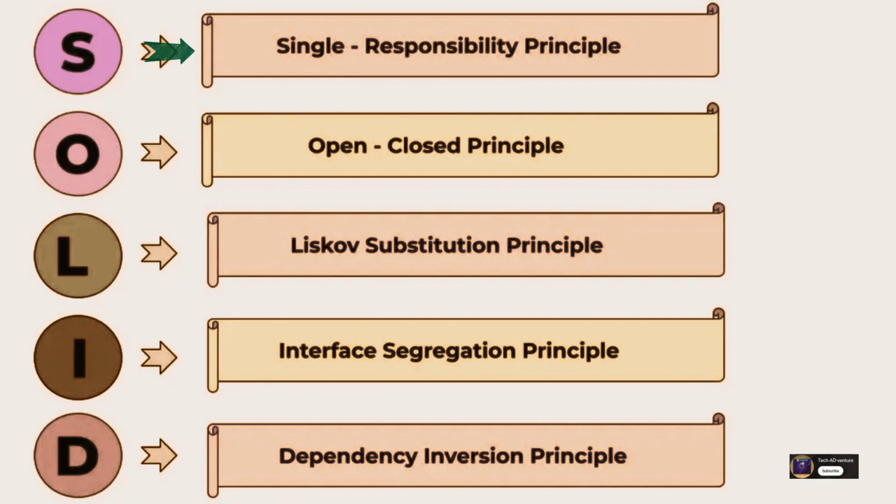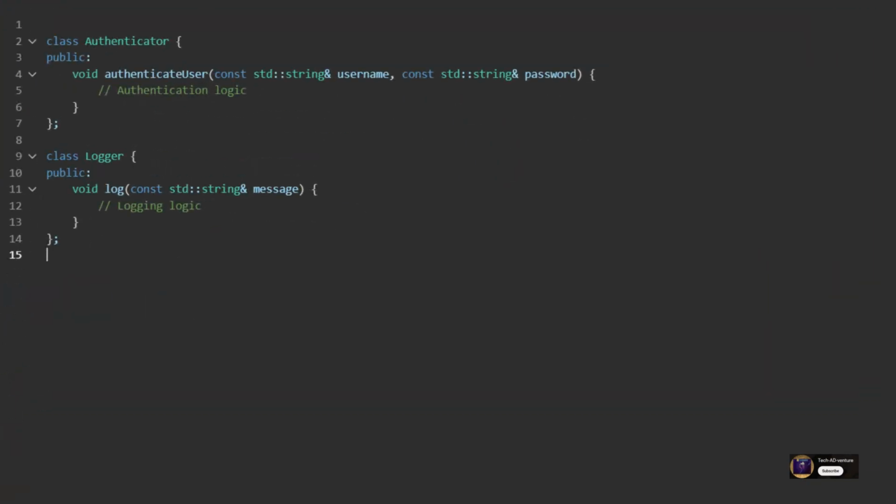In solid, S stands for the single responsibility principle. Let's see in detail. The single responsibility principle, SRP, states that a class should have only one reason for change, meaning it should have only one job or responsibility. Example, imagine a class that handles both user authentication and logging.